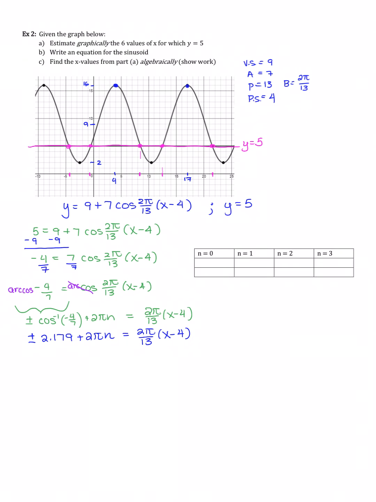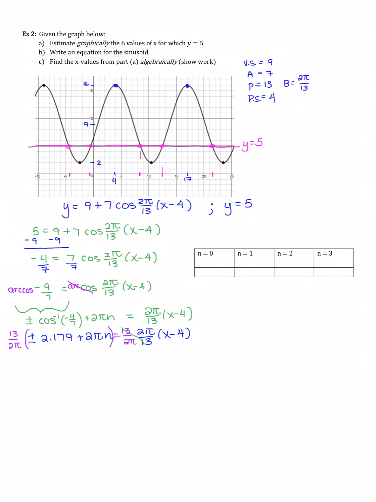All right, so what I'm going to do now is put my equal sign a little bit closer here because I'm going to multiply both sides by the reciprocal, 13 over 2 pi. So put parentheses around this, 13 over 2 pi, because that has to distribute to both terms in that parenthesis.